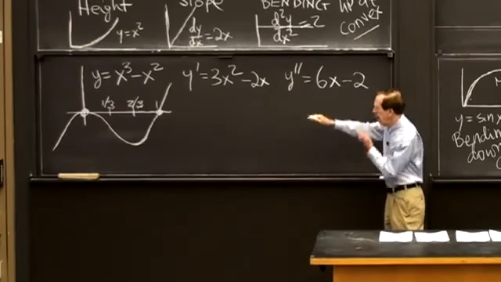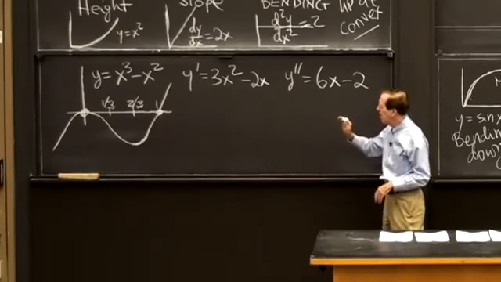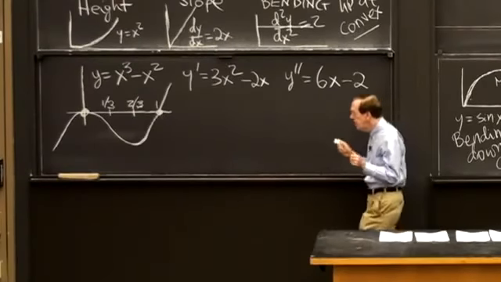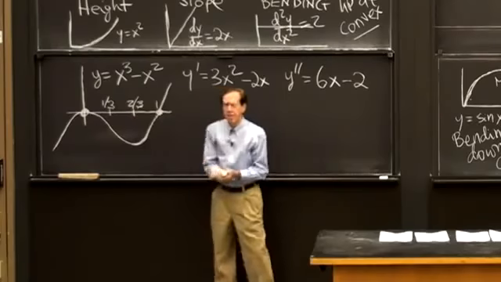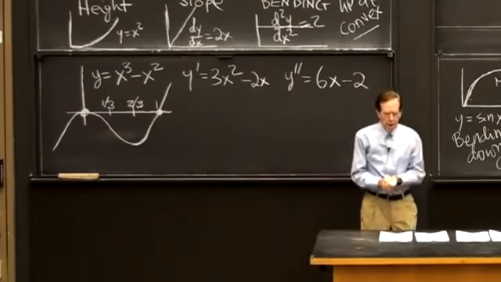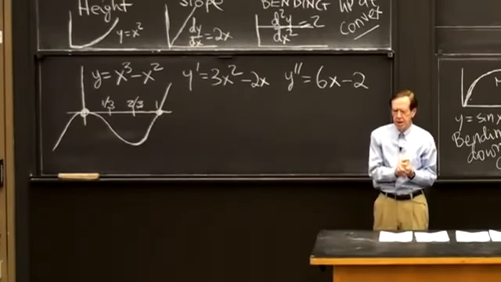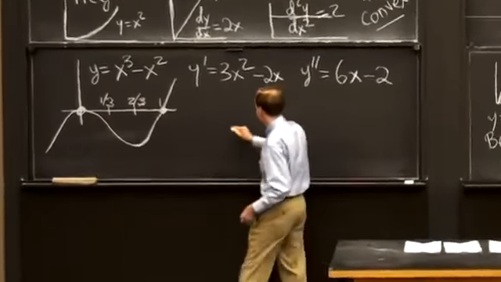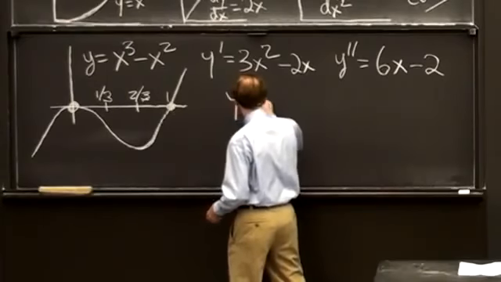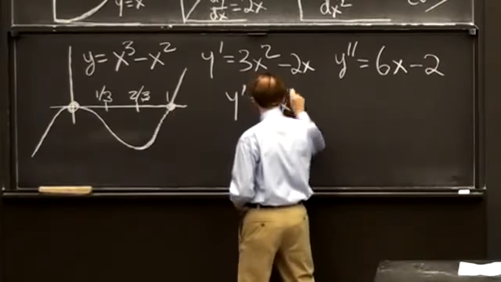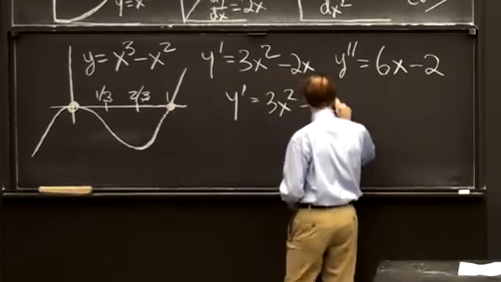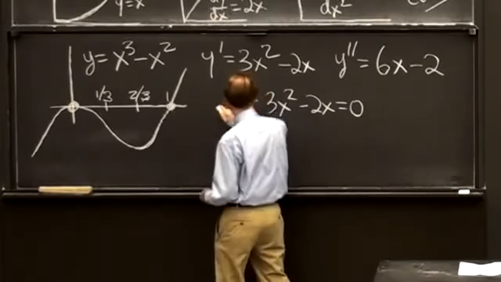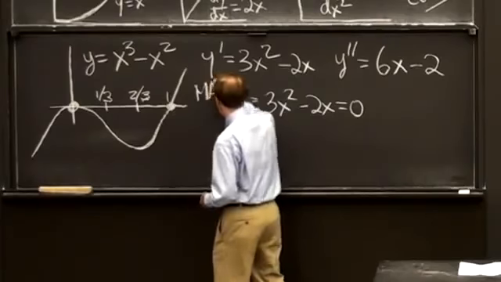Okay, now somehow those derivatives, those formulas for y prime, y double prime, should tell me details about this graph. And the first thing I'm interested in, and the most important thing, is max and min. So let me set y prime, which is 3x squared minus 2x, to be 0 because I want to look for max or min.